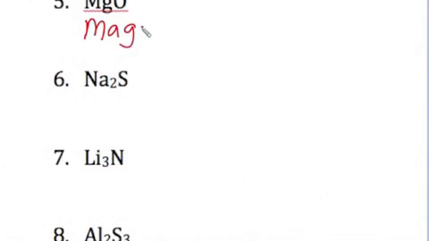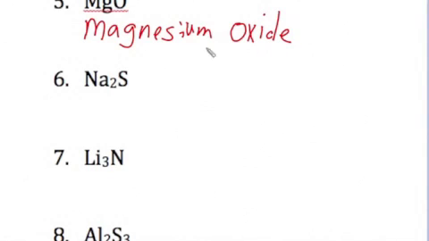So you would write magnesium, exactly like it's spelled on the periodic table. The negative ion is oxide. It comes from oxygen. So you write the root name from the periodic table, ox, then you follow that up with an "ide" ending. Those rules will be the same for all of these on this page.